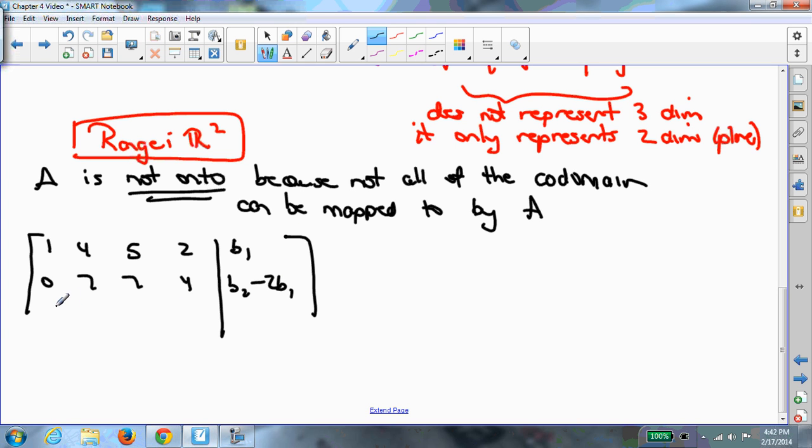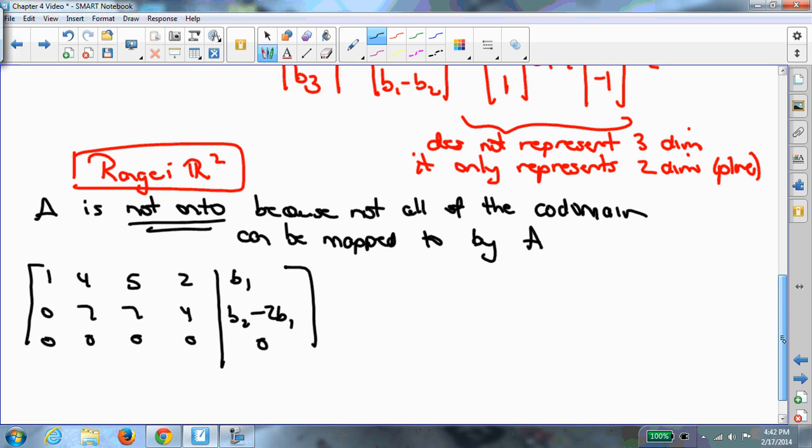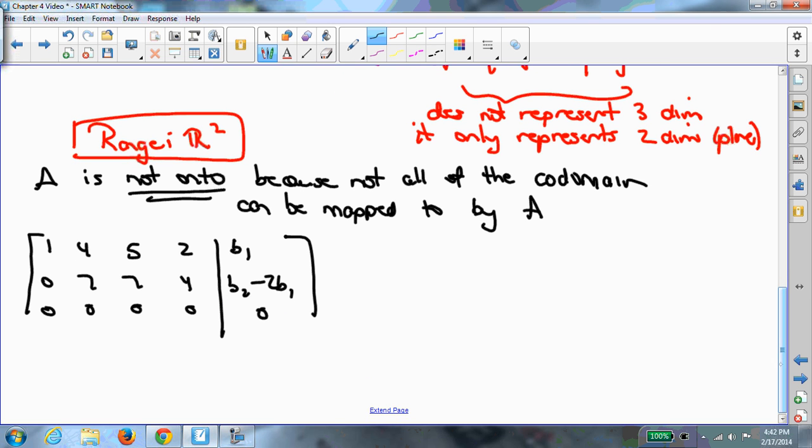And then this is my row of zeros. So if I were to try to solve for this, this would mean that x1 plus 4x2 plus 5x3 plus 2x4 equals b1.